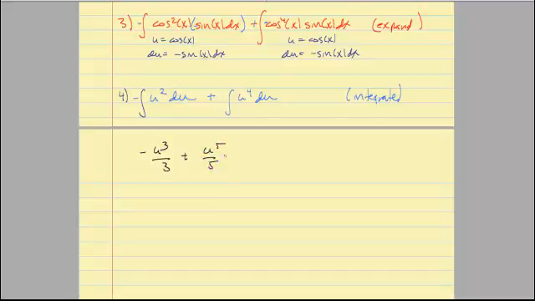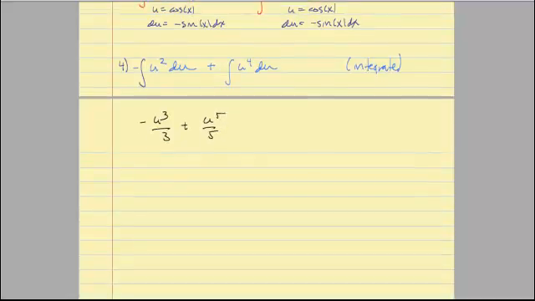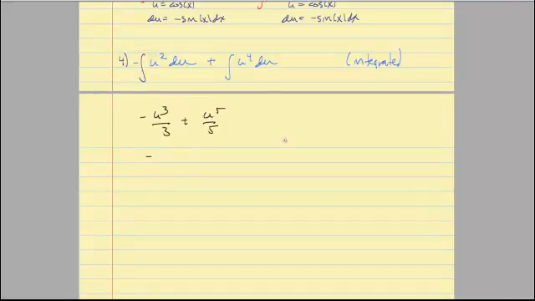But of course this is not my solution because my original was a trig function in terms of x, and so should my solution be. So I end up with negative cosine cubed of x over 3 plus cosine to the fifth of x over 5 plus c.